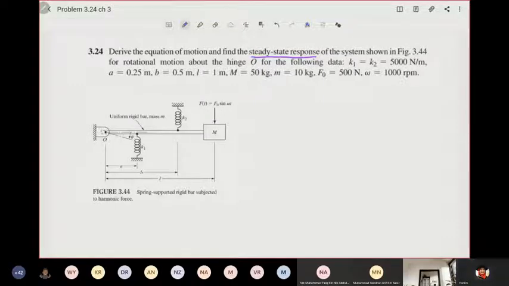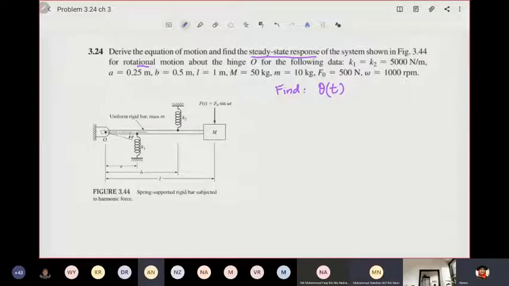What variable is it? This is rotational. What you want to find is theta t.